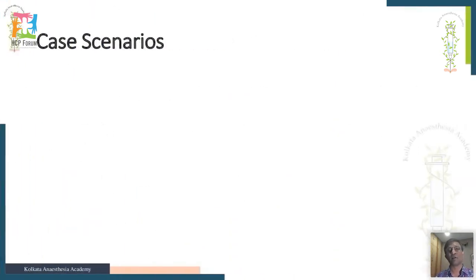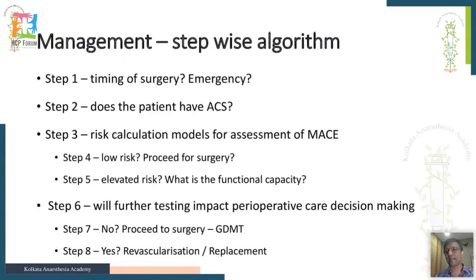I'll just close with certain case scenarios to take you through the management algorithm. I know we are getting late. So this was the stepwise algorithm we decided on. Let's put in a case scenario.